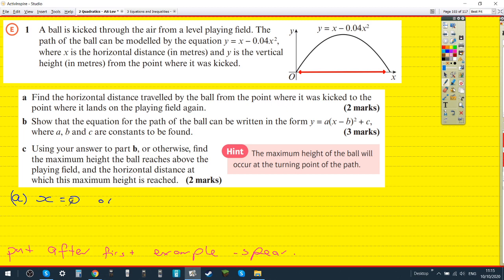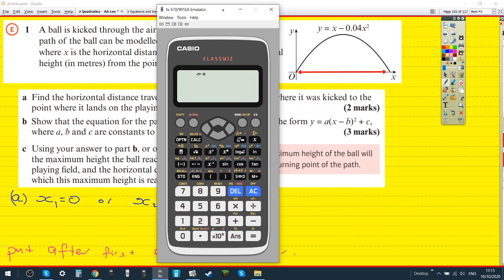Is there an x squared? No. Pretty sure there has to be. Let me check.